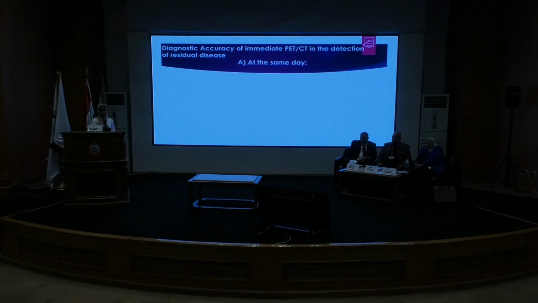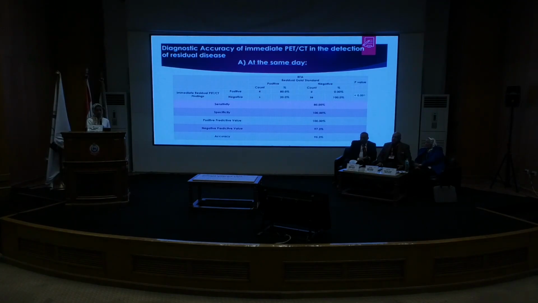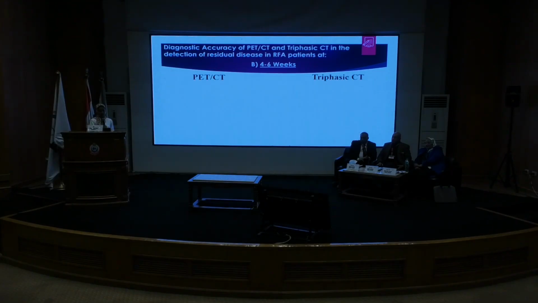Diagnostic accuracy for immediate PET-CT in the detection of residual disease: on the same day, we observed that PET-CT had an overall accuracy of 95% in the immediate detection of residual tumoral tissue after RF ablation.